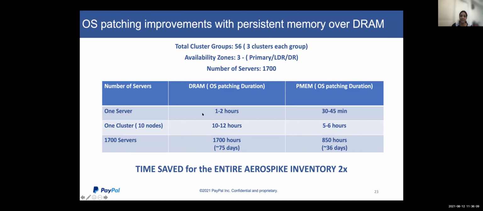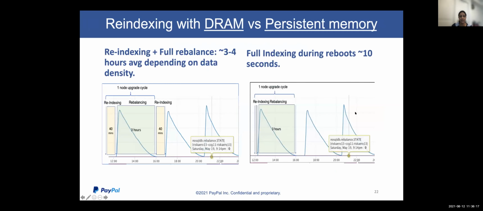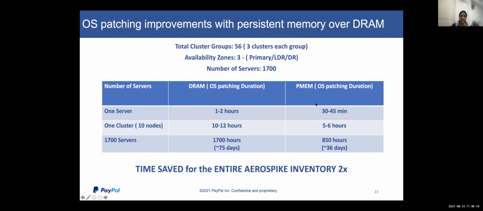If one server gets patched in, say, 1 to 2 hours, with PMEM we are reducing the time to 30 to 45 minutes, which is around half the time. The same is the case with one cluster, where we have reduced the time from 10 to 12 hours to 5 to 6 hours. For our whole inventory, we are saving more than a month. That is a 2x improvement in the OS patching cycle.